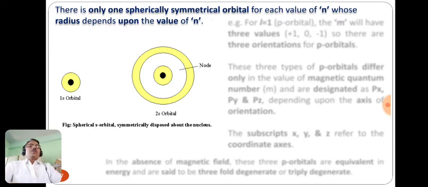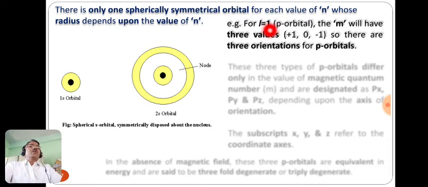For example, suppose l equals 1, that is, the p orbital. Then the magnetic quantum number m will have three values, that are +1, 0 and -1, the range from +l to -l through 0.